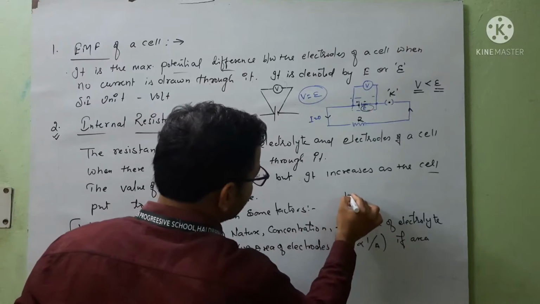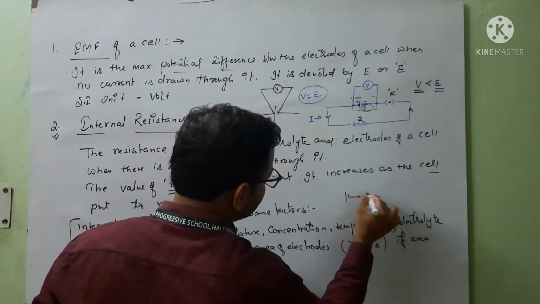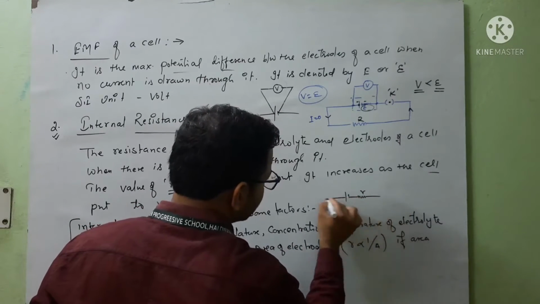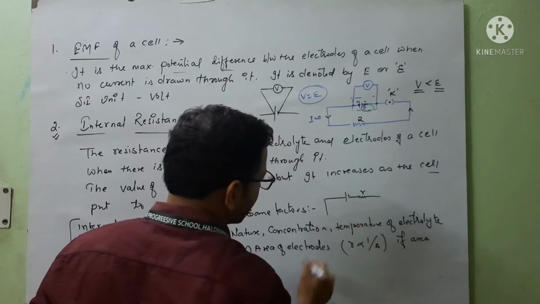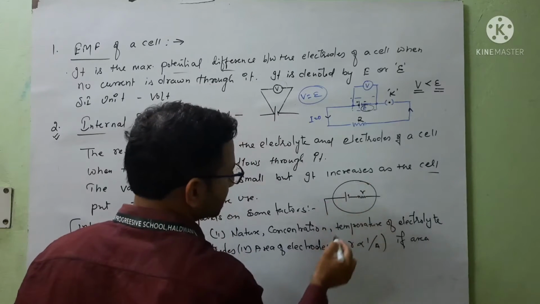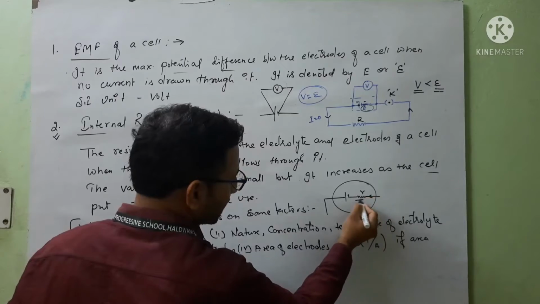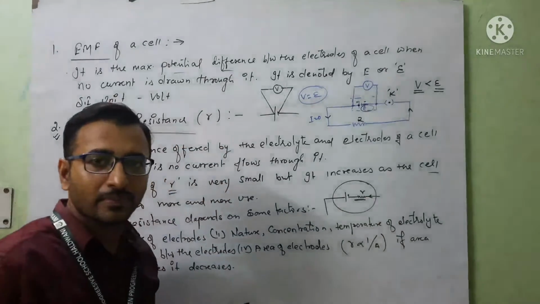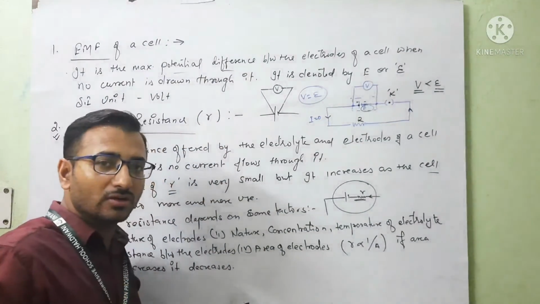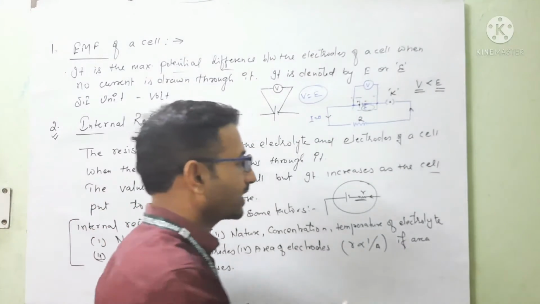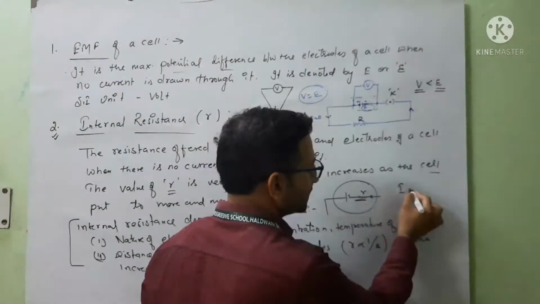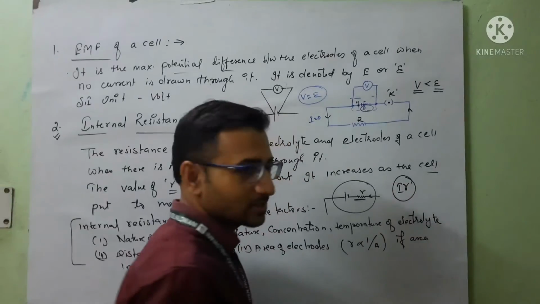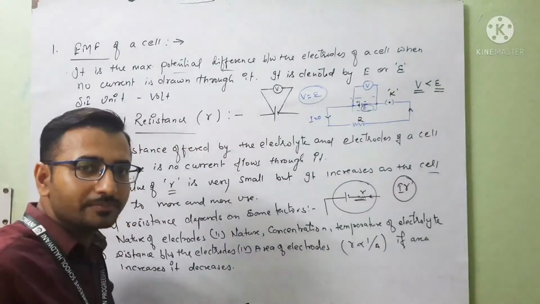The potential difference across the resistance R, this is our internal resistance part, the potential drop across the resistance R, and this potential drop across the resistance R is IR.